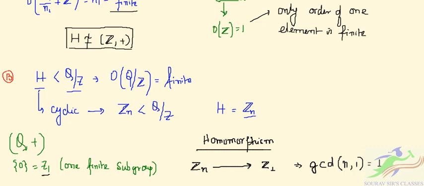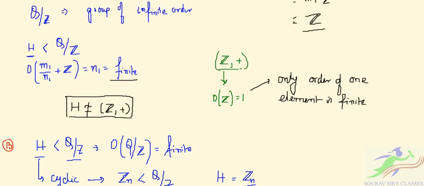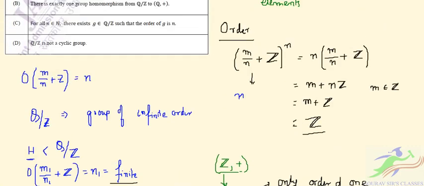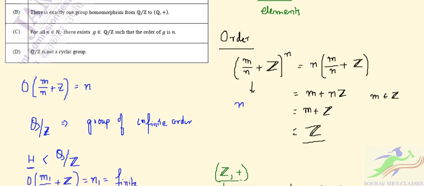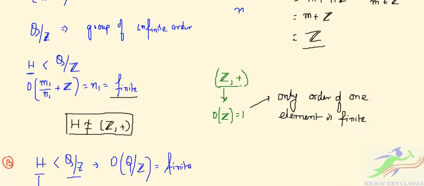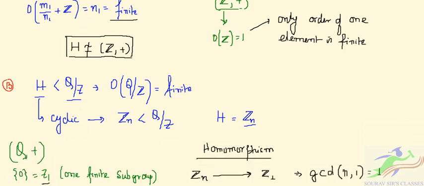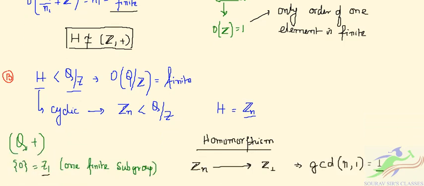So what statement B is telling, option B, is that there is exactly one group homomorphism. So you can see from here, this option B is correct. This one homomorphism is there, so GCD is 1, so only one homomorphism from Zn to Z, right? So option B in our case is correct.